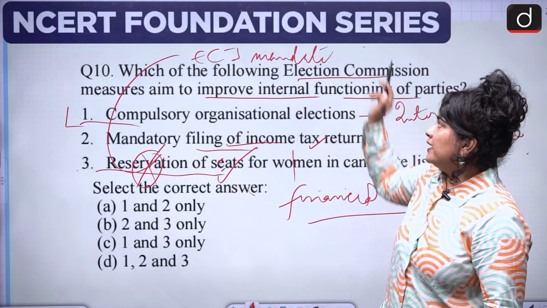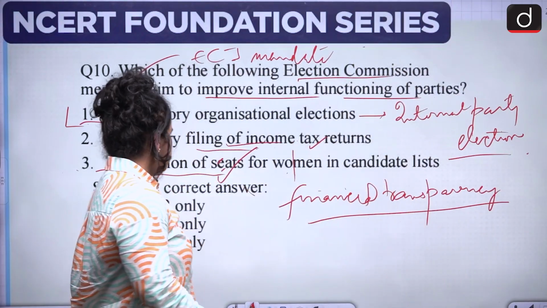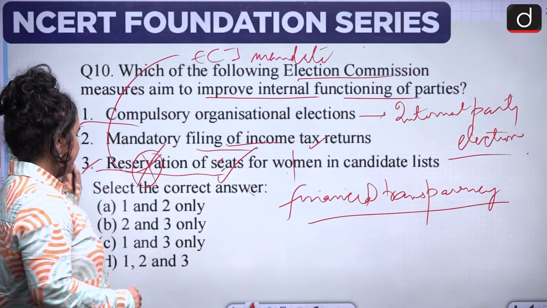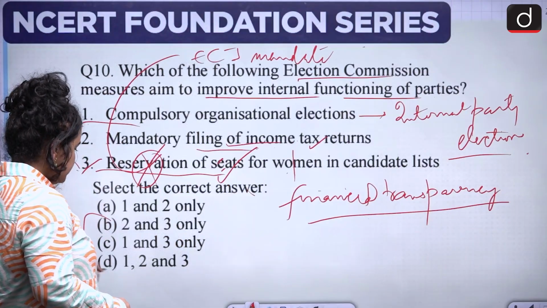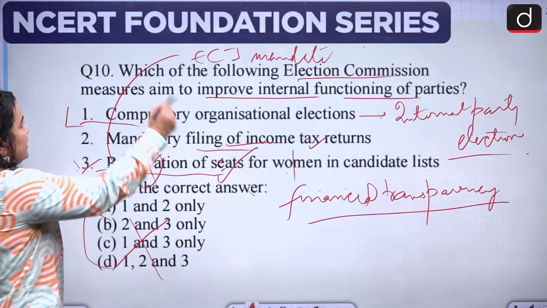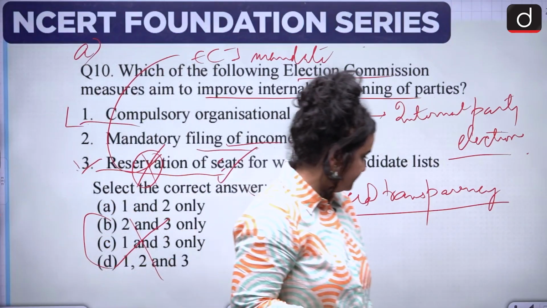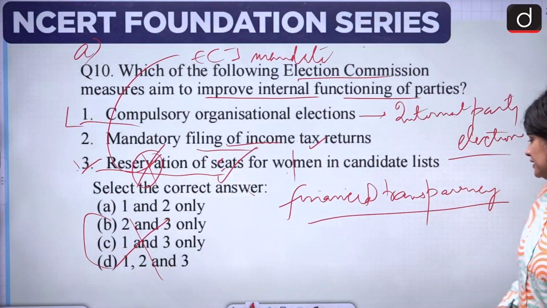ECI has not mandated internal party reservations for women. So we can safely eliminate this option. And with this, we can also eliminate options B, C and D and arrive at our correct answer, which is option A. I hope so far things have been clear to you.